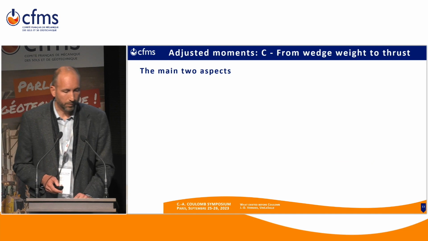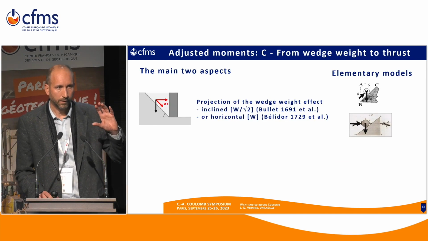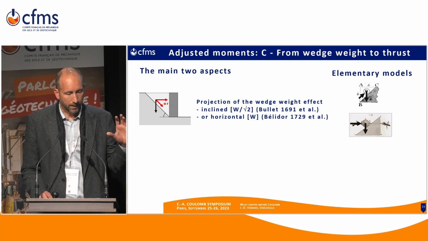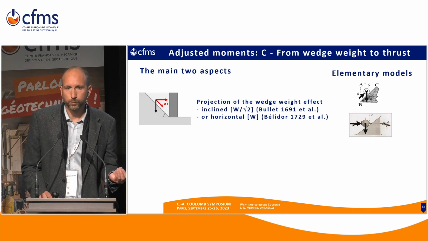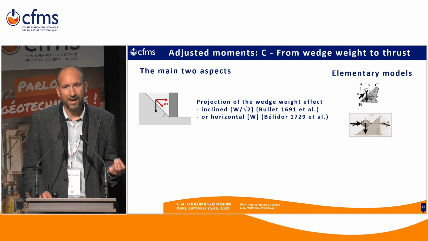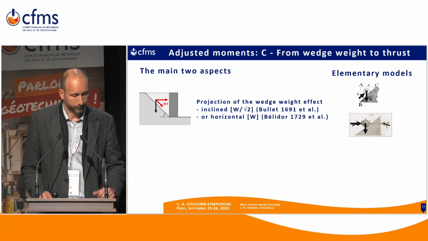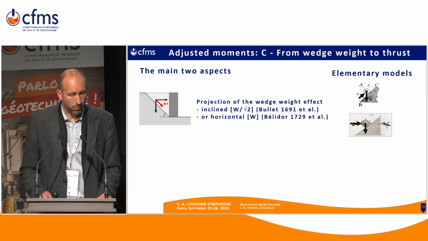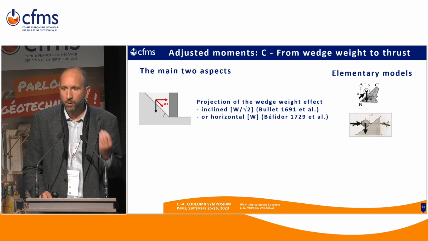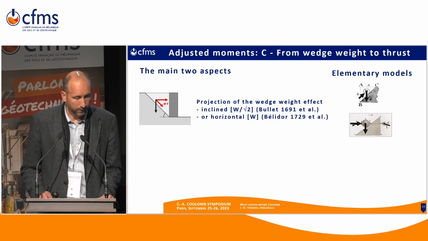Third parameter is a bit more difficult to describe. In fact, it's the idea that if you have a vertical force, which is the weight of the wedge, of course, you need to explain how it comes to push the wall forward or downwards. So the main idea in those times was very geometrical. They were based, first of all, on elementary models. So we've seen what Bullies had used.